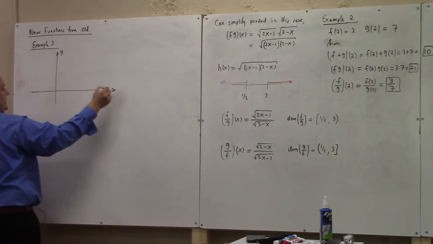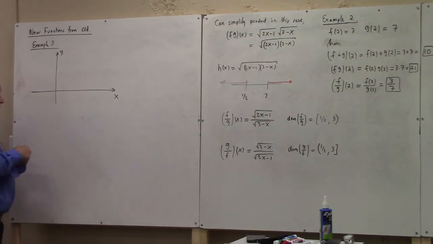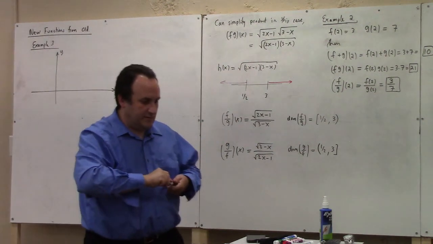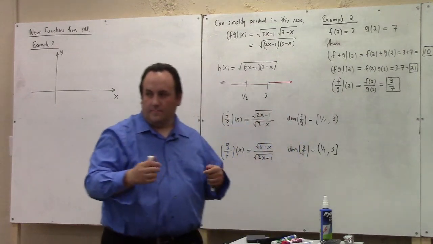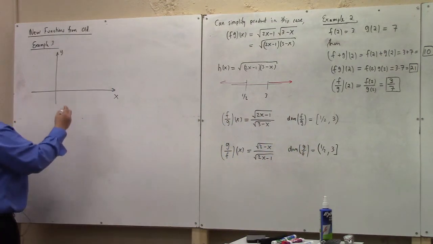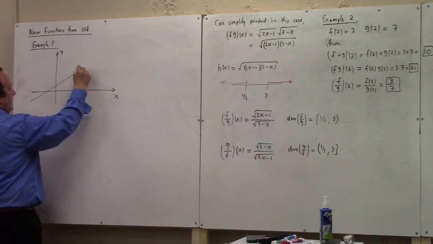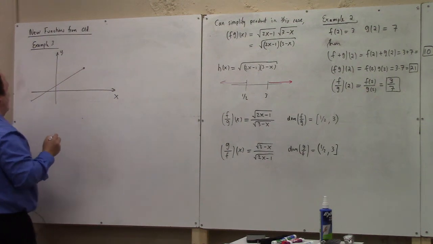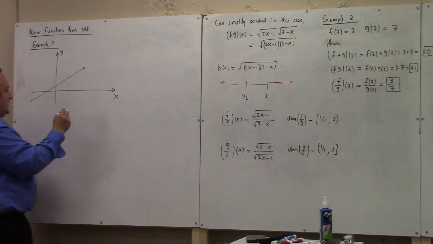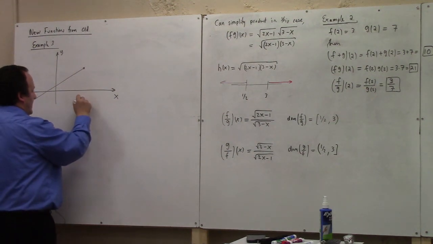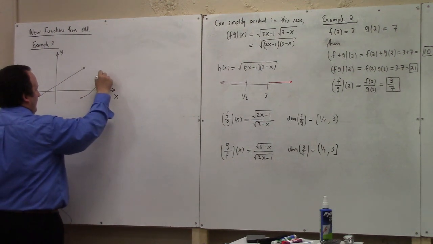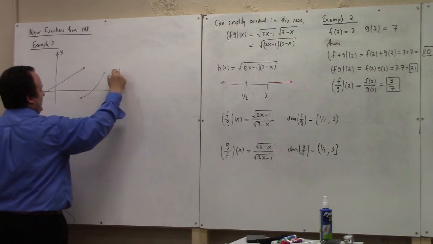Suppose here's y, here's x, and let's let this function be piecewise defined, right? So in the sense that f of x is given as follows. Like that, all right? And then suppose that's y equals f of x.